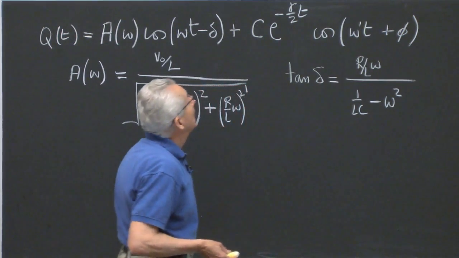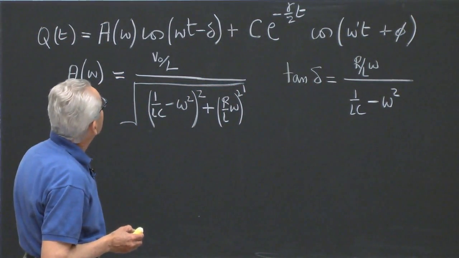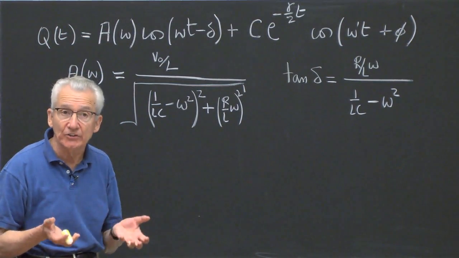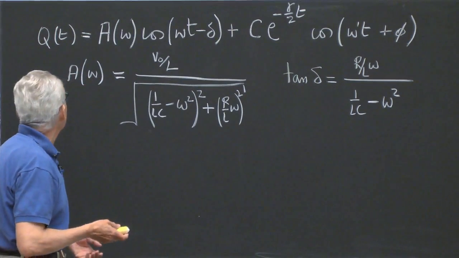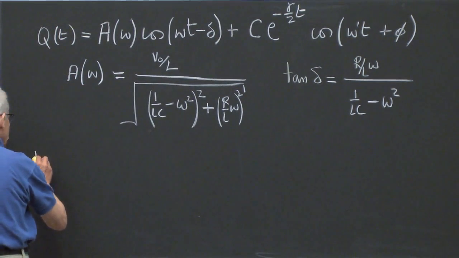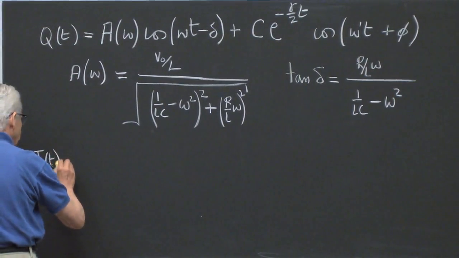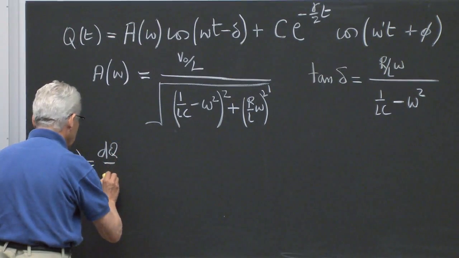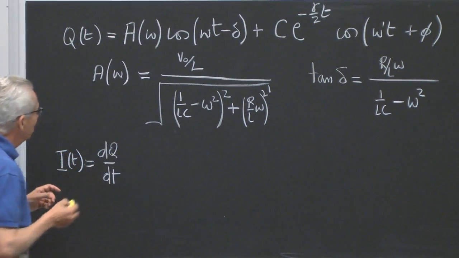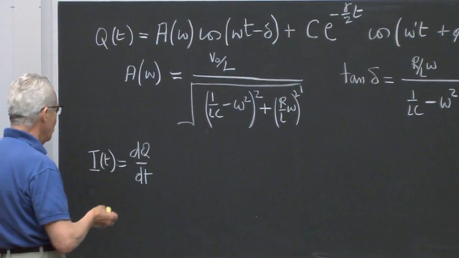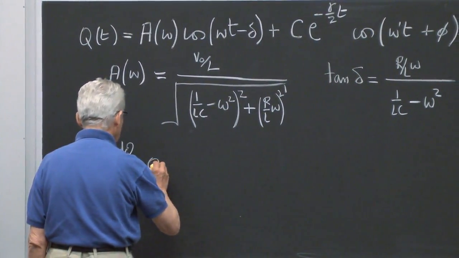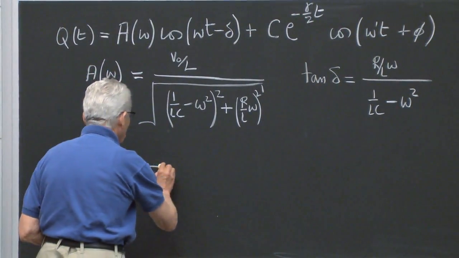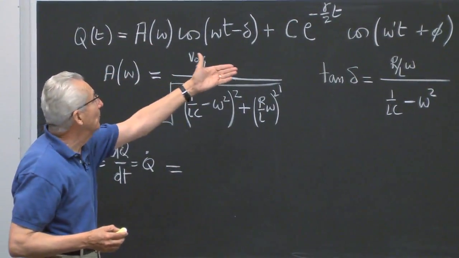The question actually was, I have now erased it, but the question was, what is the current flowing? And the current flowing, I of t, is equal to dq dt, with the way we define the signs with a plus here, which is equal to q dot. Which I can get from this by differentiating this equation.